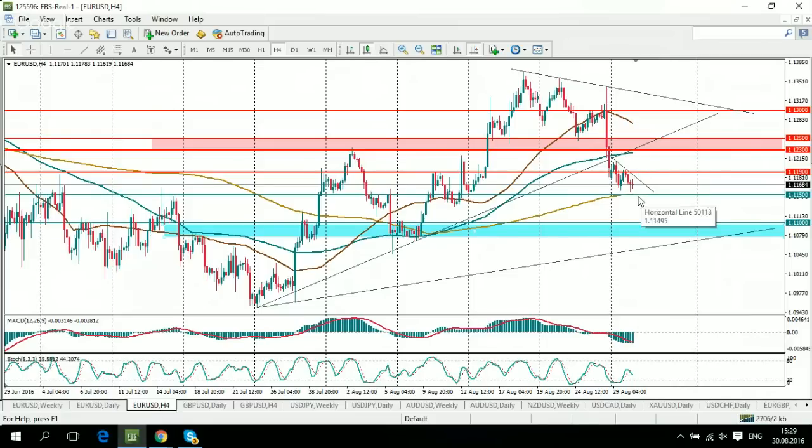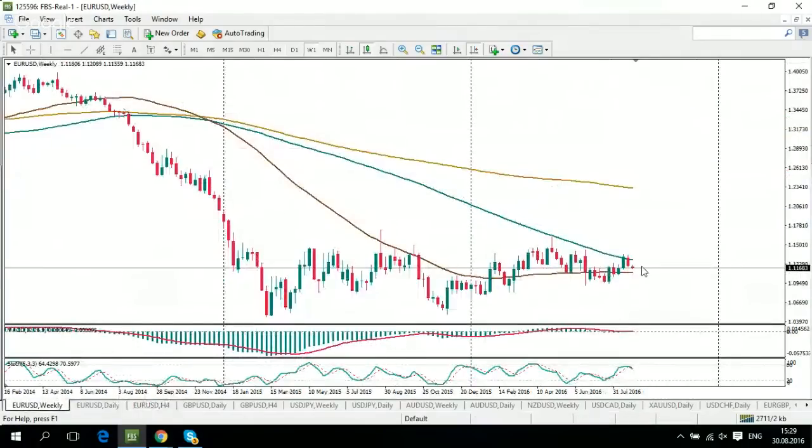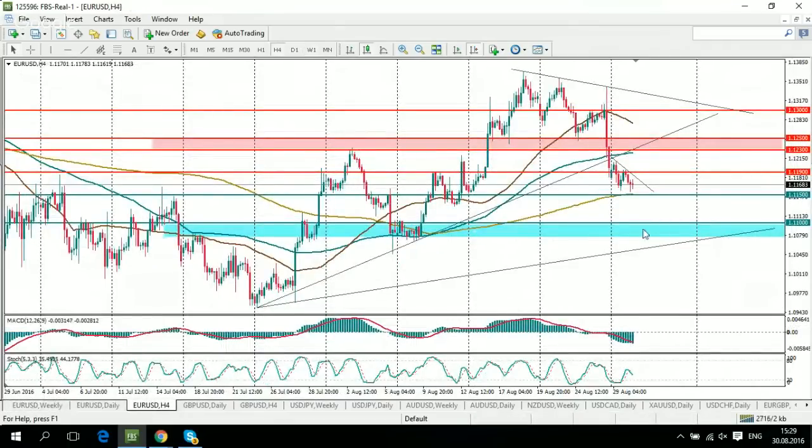We can see that the pair has support. Support is at 1.11 mark. This is actually 50-week moving average at the weekly chart. So this is the target I have for selling the euro, as I think that it may be hard for the bears to overcome this support area.